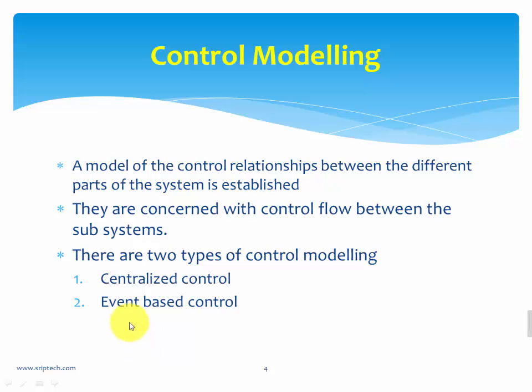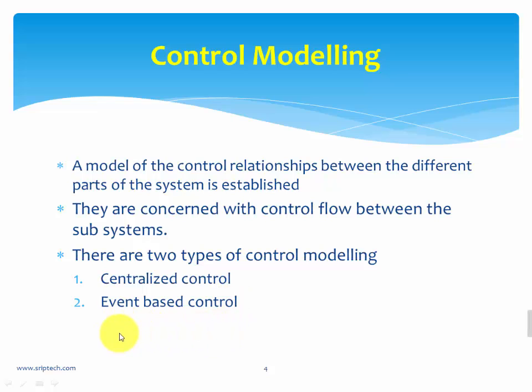As I told you, control modeling is basically a model of control relationships between the different parts of the system. That means a system is a combination of many subsystems. The control relationship between the two subsystems is depicted using control modeling, and it is also concerned with the control flow between the subsystems.